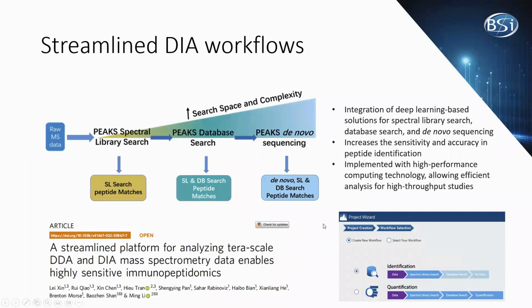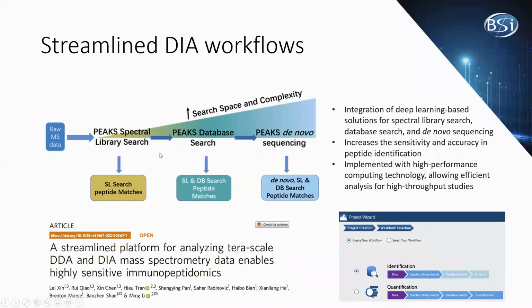Okay, so last year, our group published a paper in Nature Communications highlighting our streamlined DDA and DIA workflows and also showing how it improves the sensitivity in identifying immunopeptides. Within this workflow, we've integrated a deep learning based solution where we first perform a spectral library search from the raw MS data, and we get our initial peptides identified from the spectral library search.